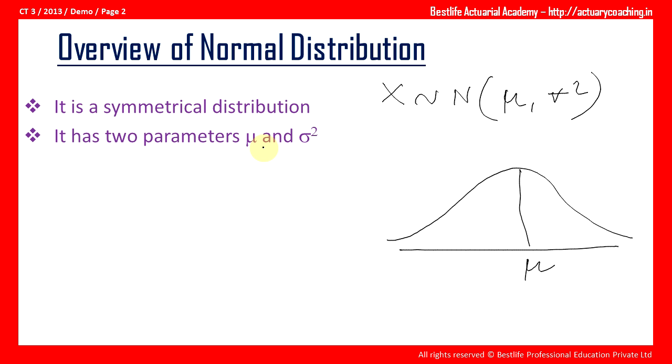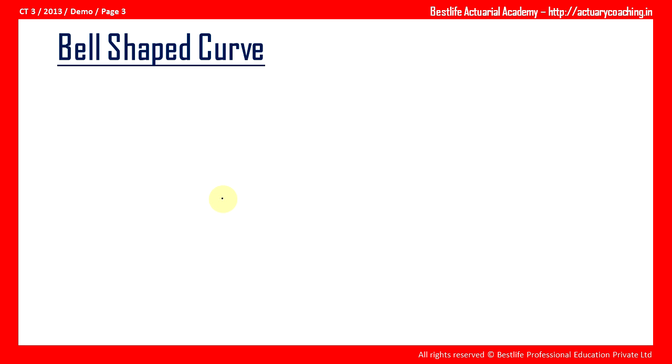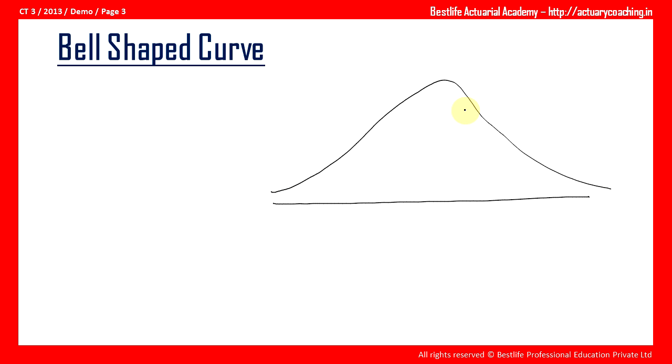Mu is the mean of the distribution and sigma square is the variance, that is, expectation of X, which we write as mu, and variance of X, which is sigma square. As discussed earlier, it will have a bell-shaped curve, which means it is distributed equally on both sides, and we have 50% probability distributed on both sides of the curve with midpoint as mu.